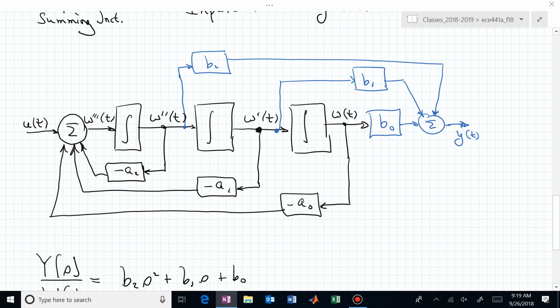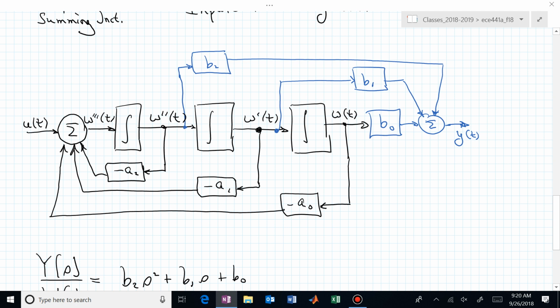What determines the size of that system matrix A? How many state variables you have. And now I haven't yet labeled this diagram in terms of state variables, have I? How do I create state variables from an all-integrator block diagram? One strategy is just to look at the outputs of each of those integrators and label those as a state variable. And how many outputs of integrator blocks do I have? 3.